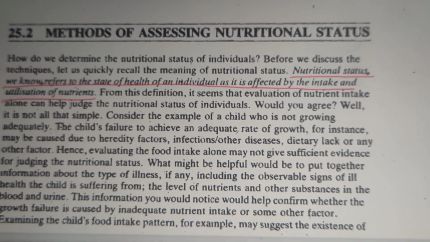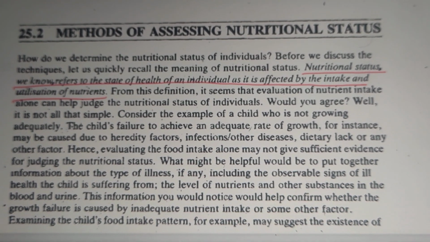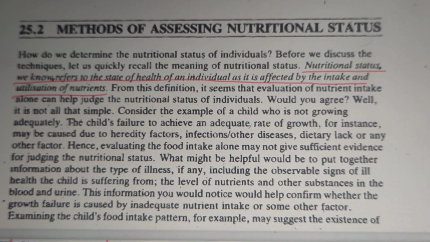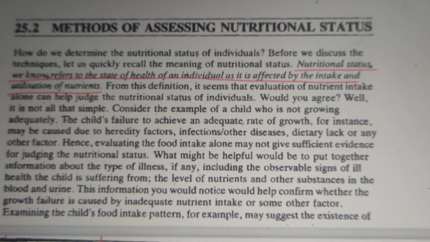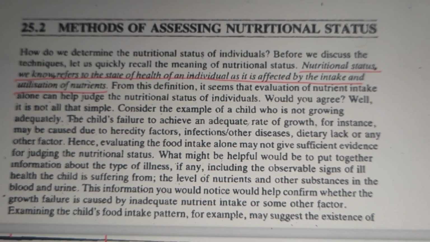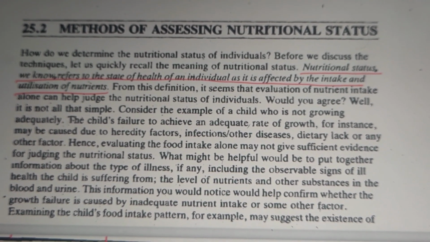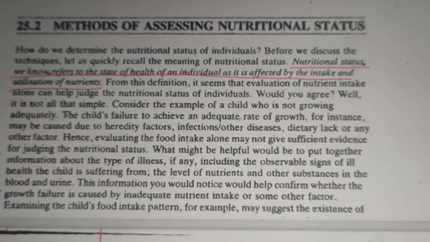So, methods of assessing the nutritional status. What is nutritional status? It is a state of health of an individual as it is affected by the intake and utilization of nutrients. So what you will understand by this definition is that the evaluation of nutrition intake alone can help judge the nutrition status of an individual. So let us make it simple.